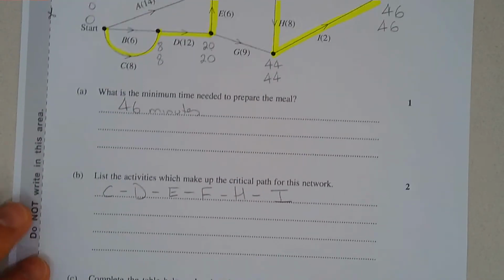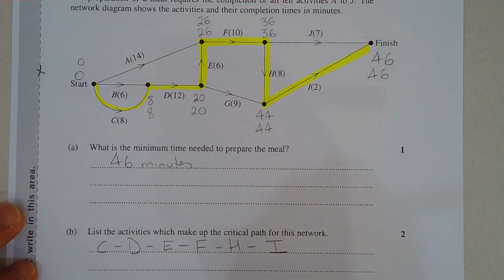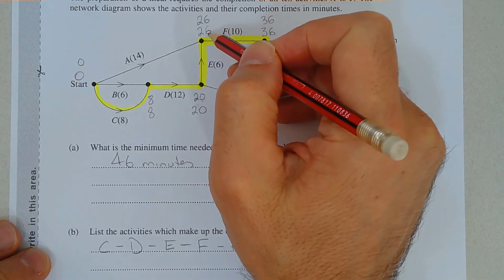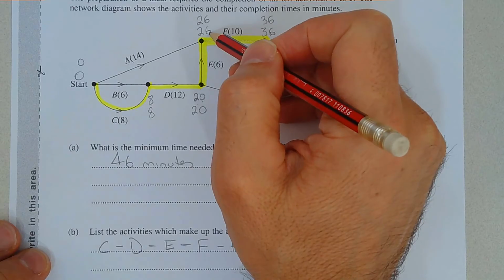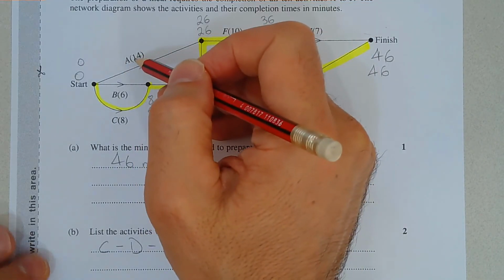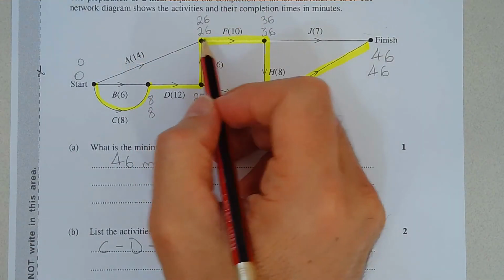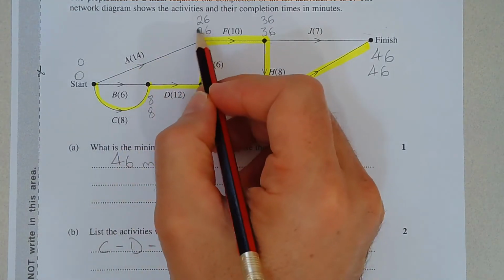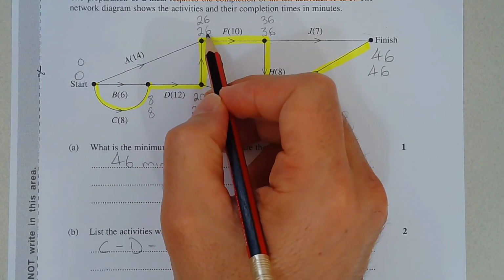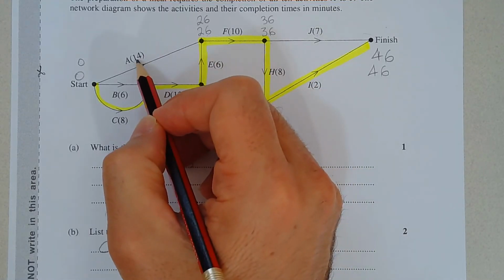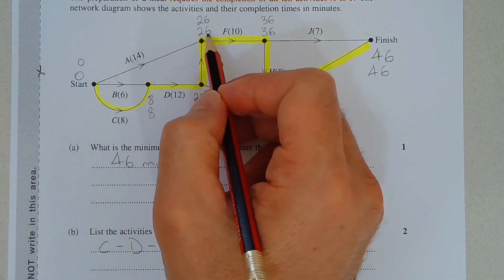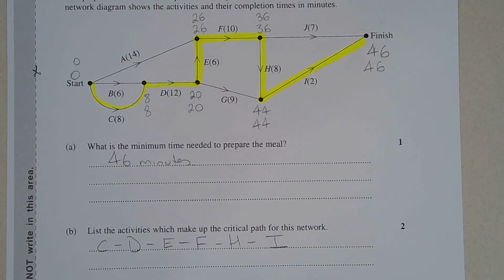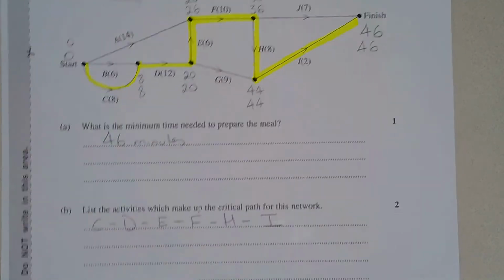Now, the float time, the way I work it out, and there's multiple ways of doing it, I take the latest start time of the activity following the activity that we want, minus the activity time of the particular activity we're looking at, minus the earliest start time. So I take this number here, the bottom number after A, minus the activity time of A, then minus the earliest start time of A. So 26 minus 14 minus 0 is equal to 12 minutes.